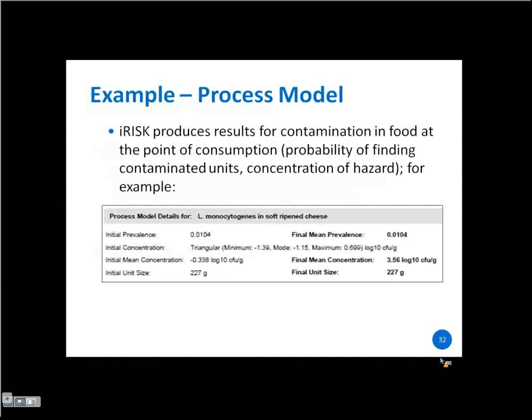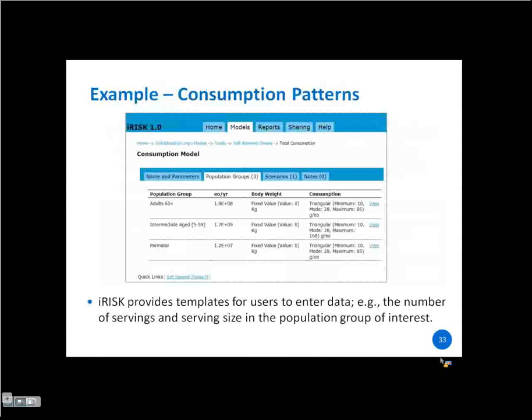Therefore, iRISK has the potential to enable linking preventive controls and interventions not only to contamination in the finished product, which is very familiar, but also to public health protection. So that was an example for process model.